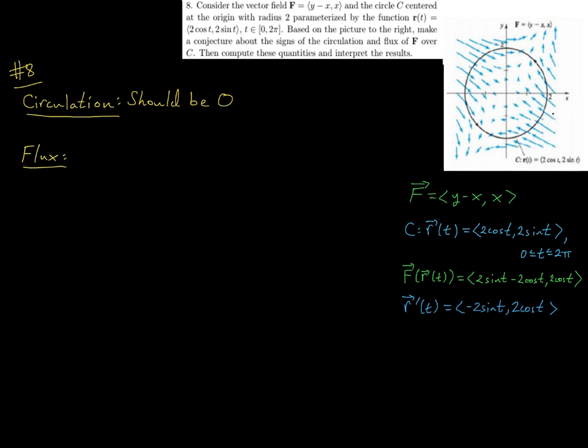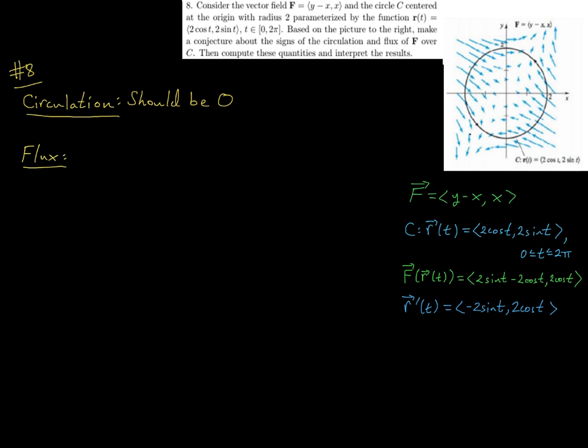So for example, in this region right here, these blue vectors are pointing nearly perpendicular to the circle, but they're pointing inward. So this is going to contribute negative flux. And likewise over here. But then in these regions, now we're pointing nearly perpendicular out of the circle.